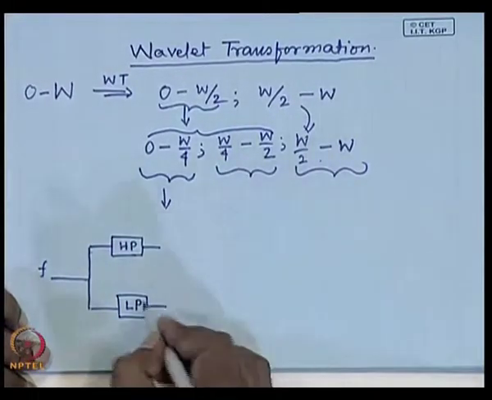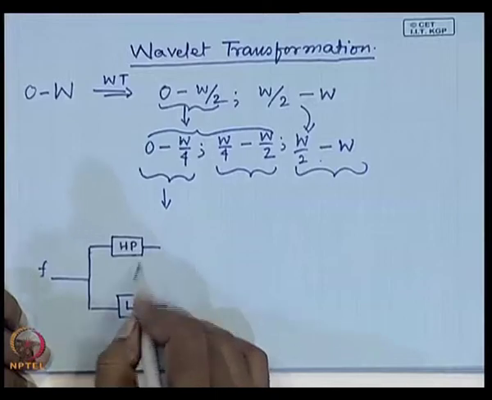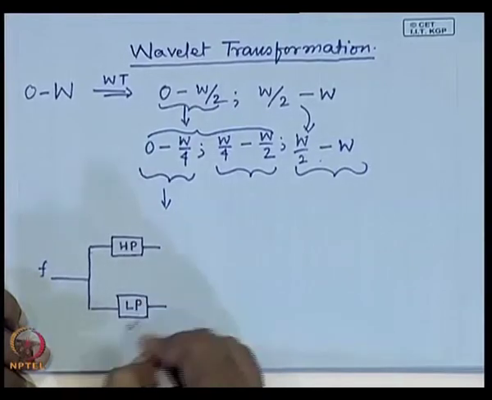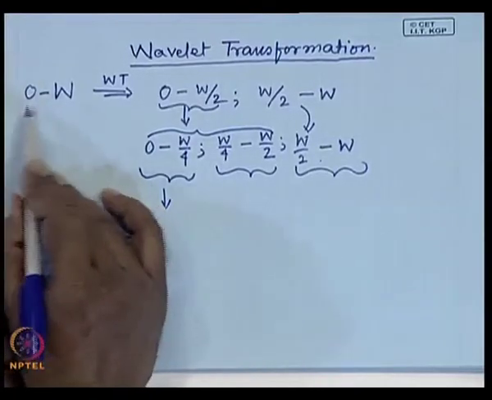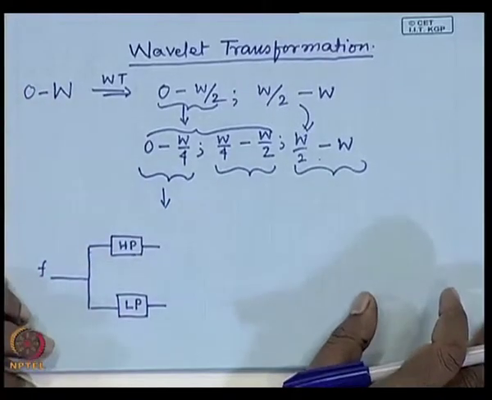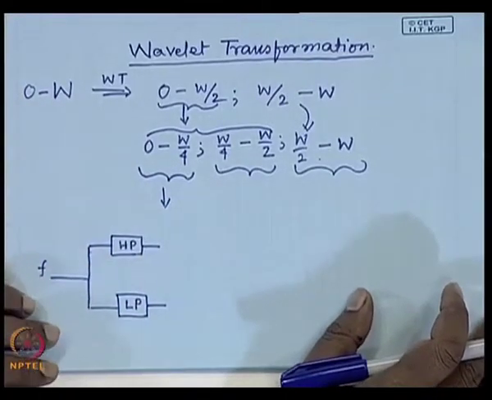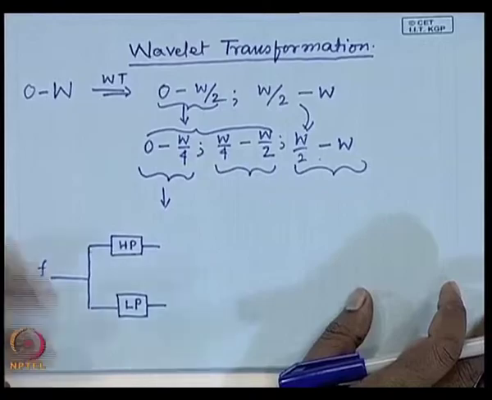Okay. Now, there is another piece of information here. My original bandwidth was 0 to W, and from the Nyquist sample rate you know that when you have a bandwidth of W, the minimum sampling frequency has to be twice W. That is the Nyquist sampling rate, otherwise you lose the information.